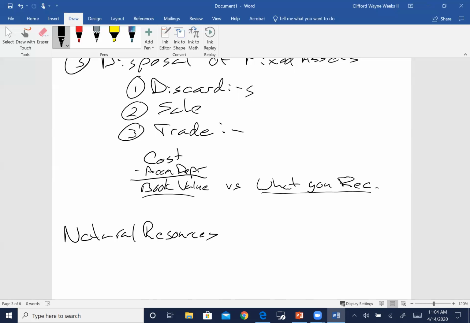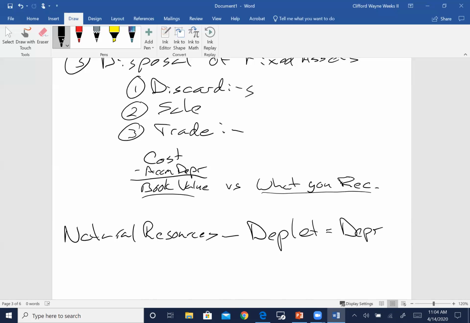Okay. Well, with natural resources, the method that we use is to deplete, I don't know if there's an E on the end of that, all right, that's basically the same thing as depreciation.